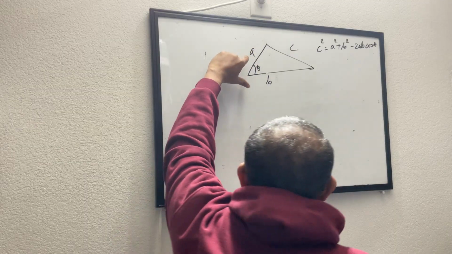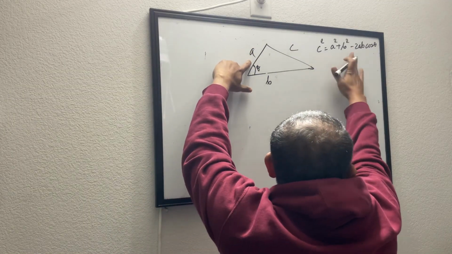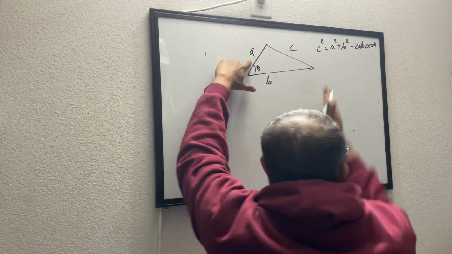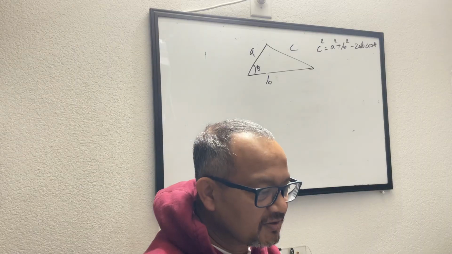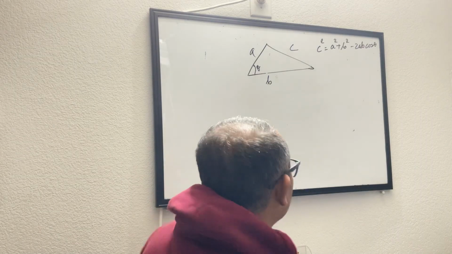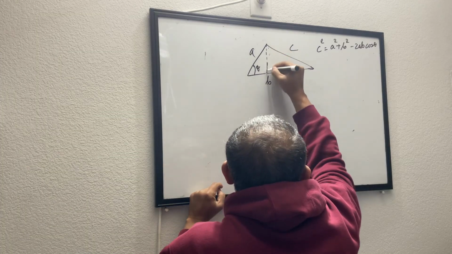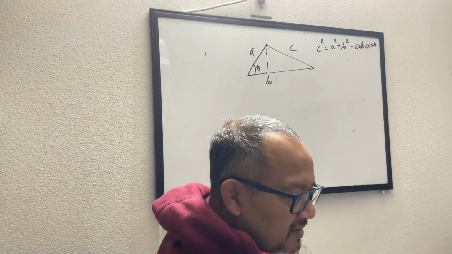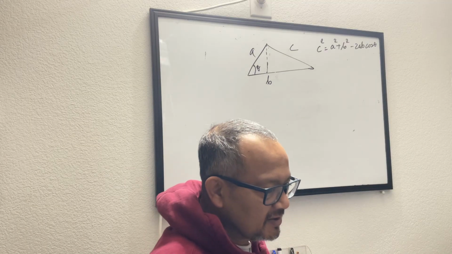Now, right now there is no visible relationship. When I look at this square thing, my first thought is that it might have something to do with the Pythagorean theorem. Let's drop a perpendicular. I see the word square because A squared plus B squared equals C squared, minus 2AB.